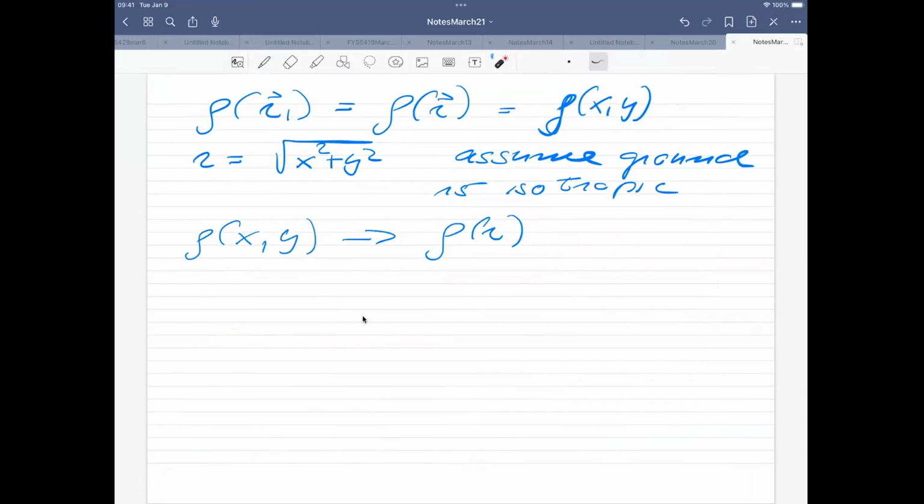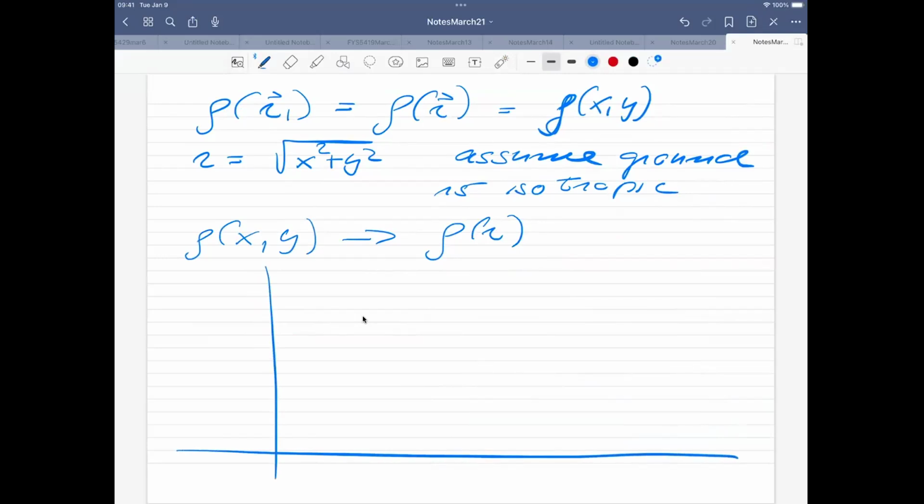So the interesting thing then for us is the following. Let's just set this up. And if I plot this rho of r, so r here, what you would typically get is something like this. So this is the likelihood of finding one particle at a position of r. And keep in mind now for the ground state, it's isotropic in space, so it has the same value independent of the angles.